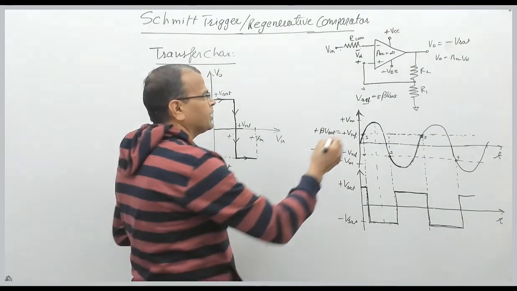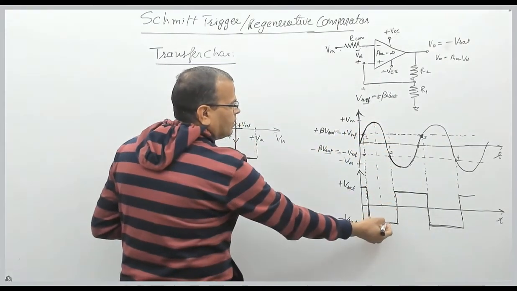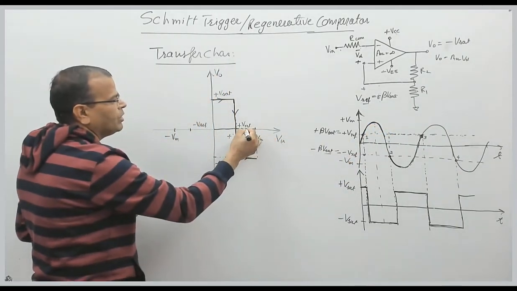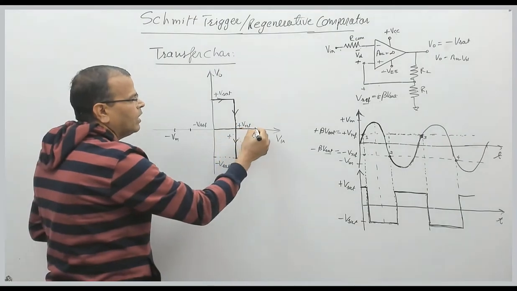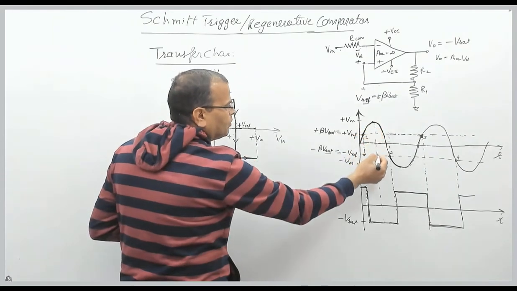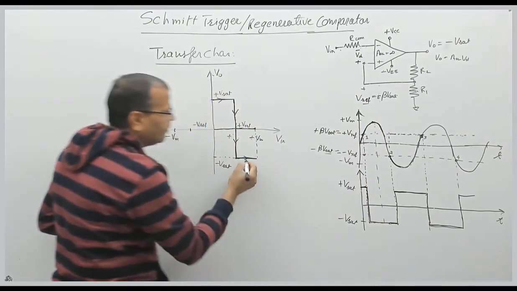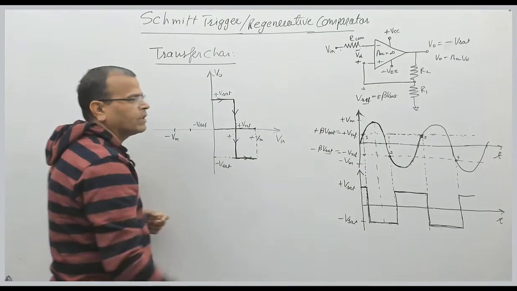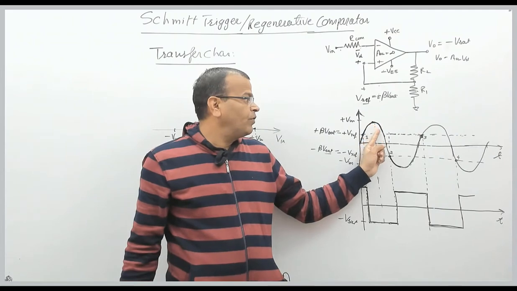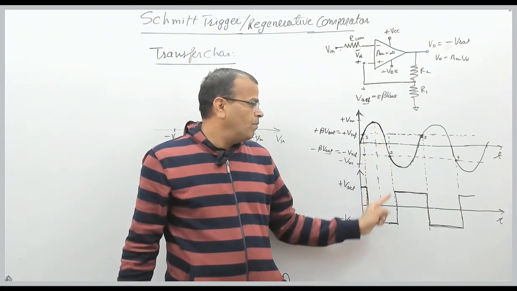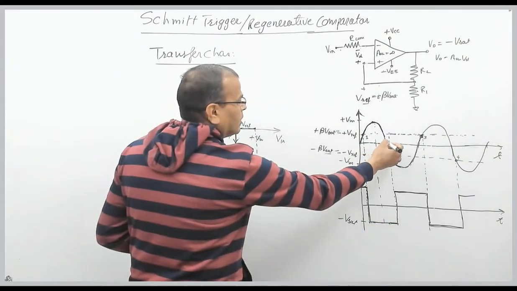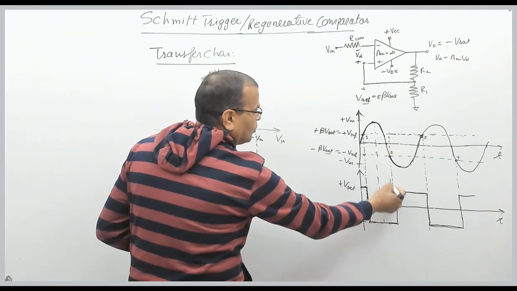After this instant, when input voltage is falling down, initially it was going this way, now it is reducing, but output remains minus Vset. When input voltage falls below plus Vref, my output voltage remains minus Vset. And at the instant input voltage is 0, my output voltage is again minus Vset.